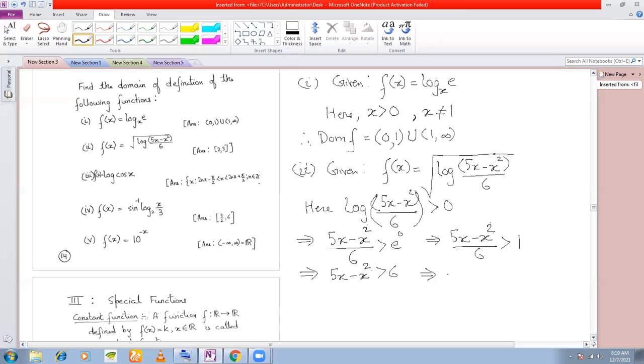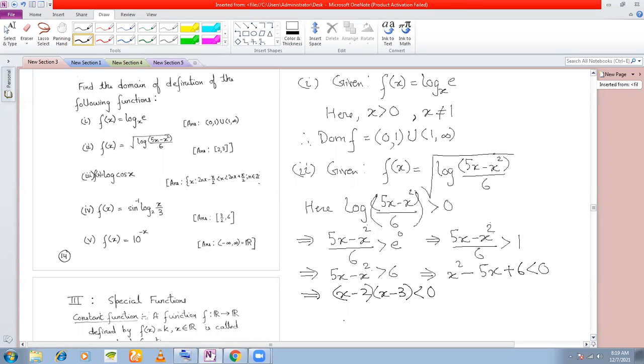So this is going to give you x square minus 5x plus 6 is less than 0, which can be factorized into (x minus 2)(x minus 3).